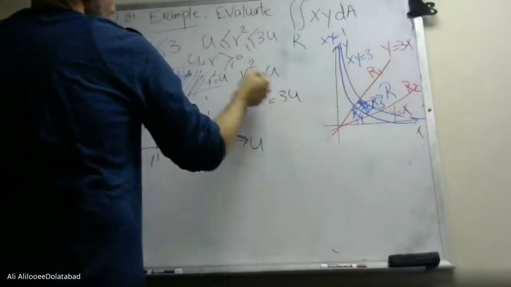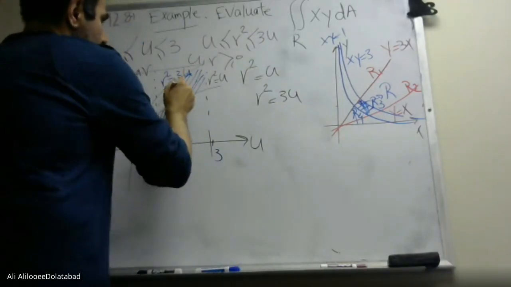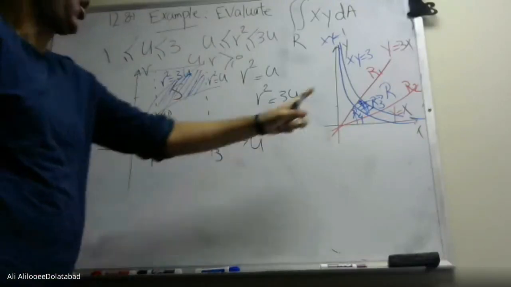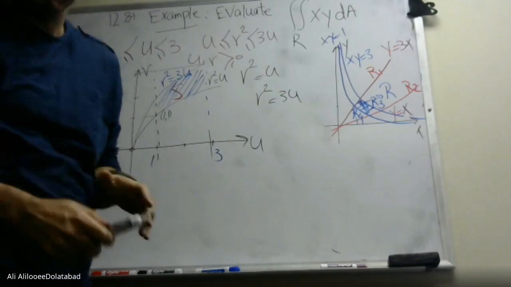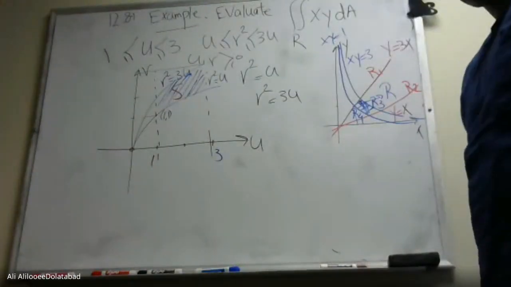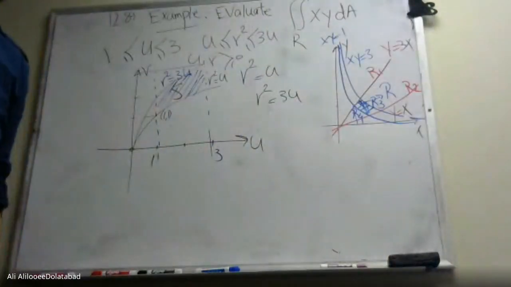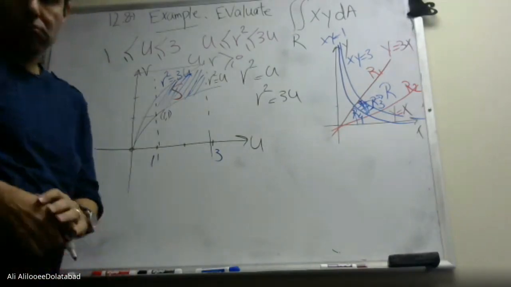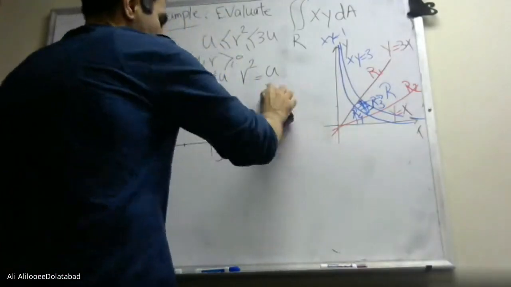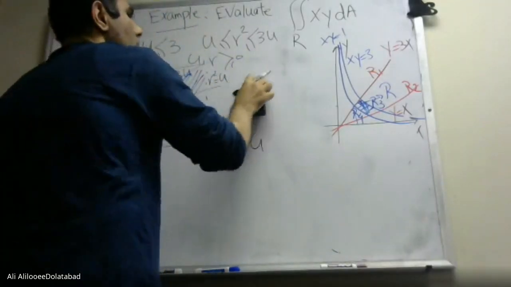Let me denote this region by S. When you transform R by using that transformation, you will reach S. This is S. Any question? Any question? Any comment? Okay.